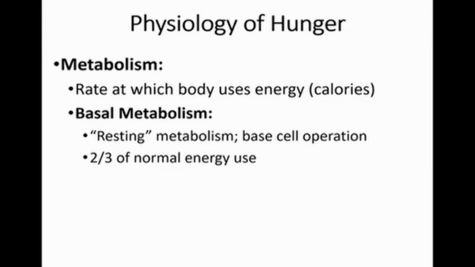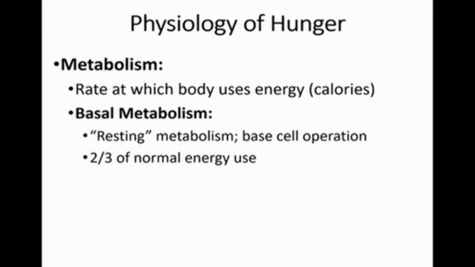And when we talked about the chapter where we mentioned the brain and how brain function works, the brain is a resource hog. Not only does it take tons of our oxygen and a lot of our blood supply, it also takes a ton of our energy use. So a lot of this basic functioning uses energy, and about 2/3 of our normal energy use just comes from keeping our bodies running.